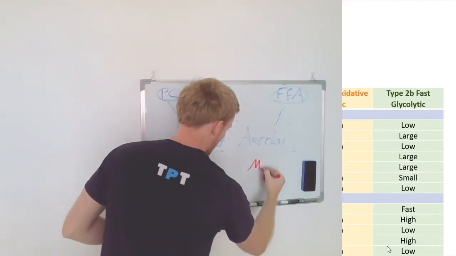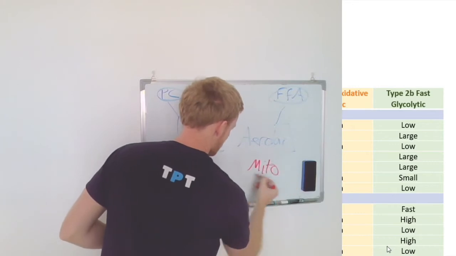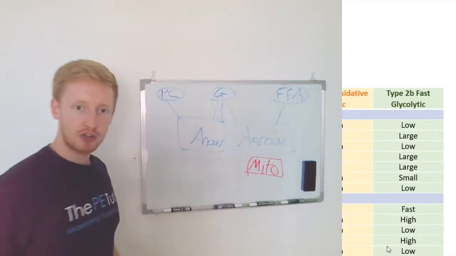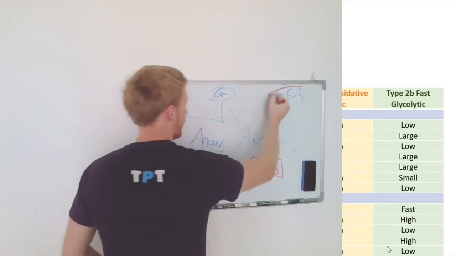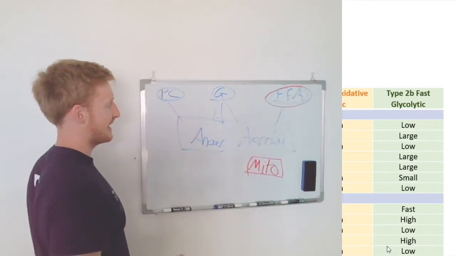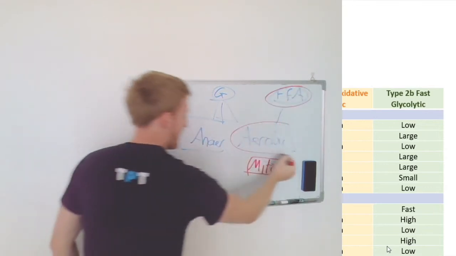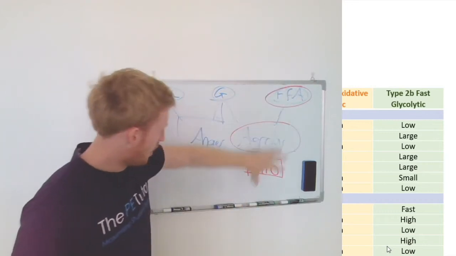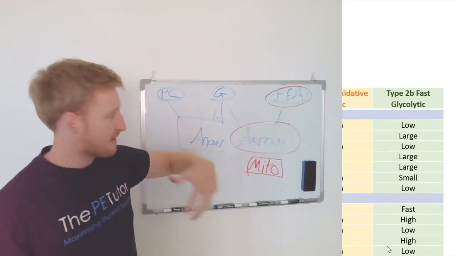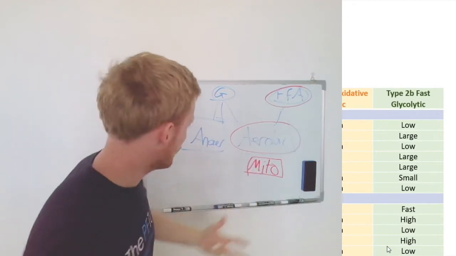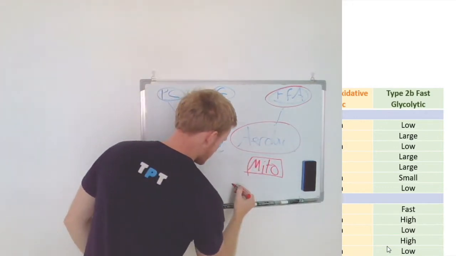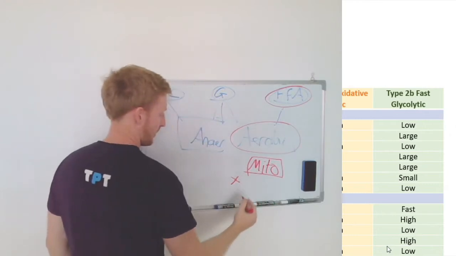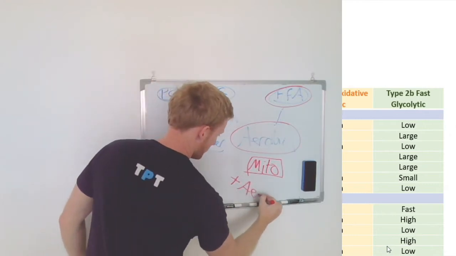If we've got mitochondria, if I just put mito, if we've actually got mitochondria and we've got high storage of free fatty acids and we've got lots of aerobic enzymes, well, we've got this fantastic cocktail of all the right facilities and spaces and ingredients to create a lot, we've got plus sign, of aerobic energy.